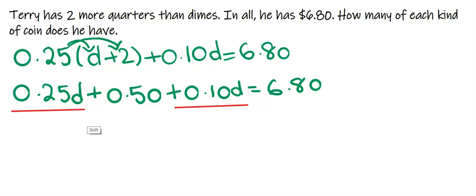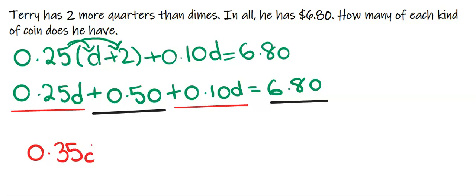But positive 0.50 and positive 6.80 are like terms. So let's add 0.25D and 0.10D. When we add them together, it'll give us 0.35D.